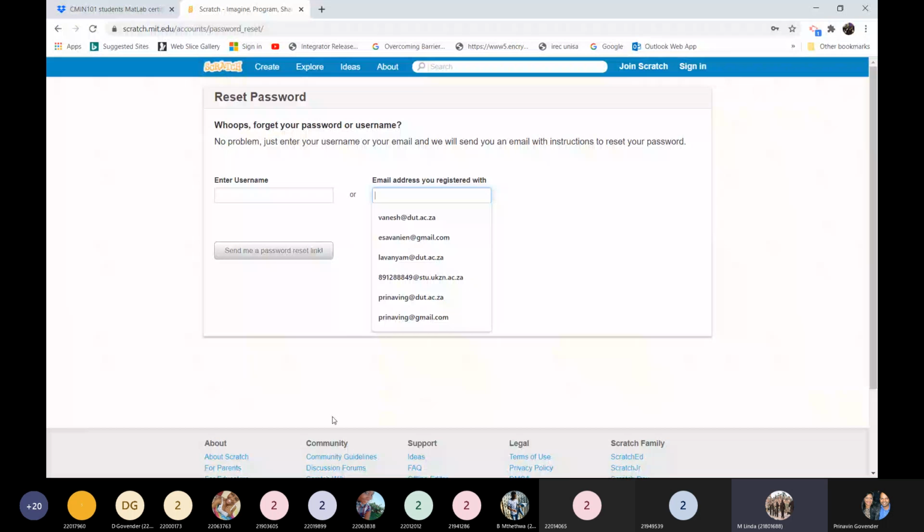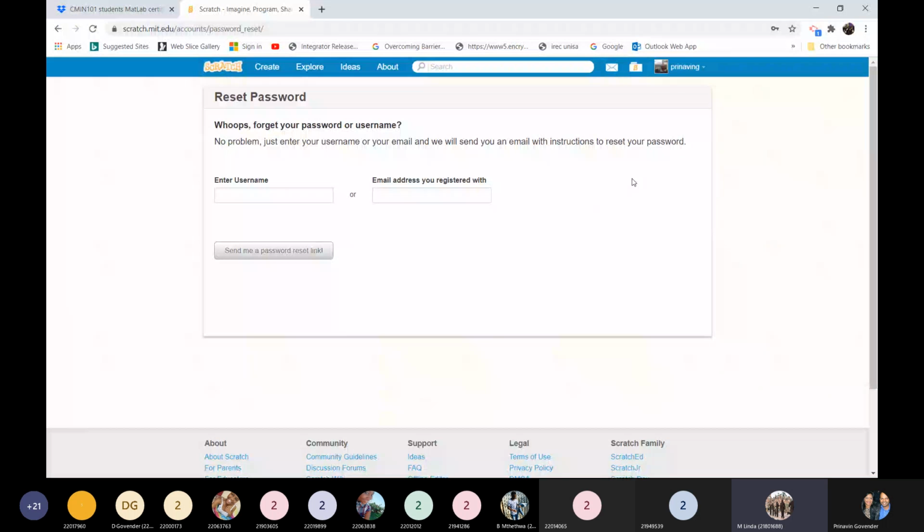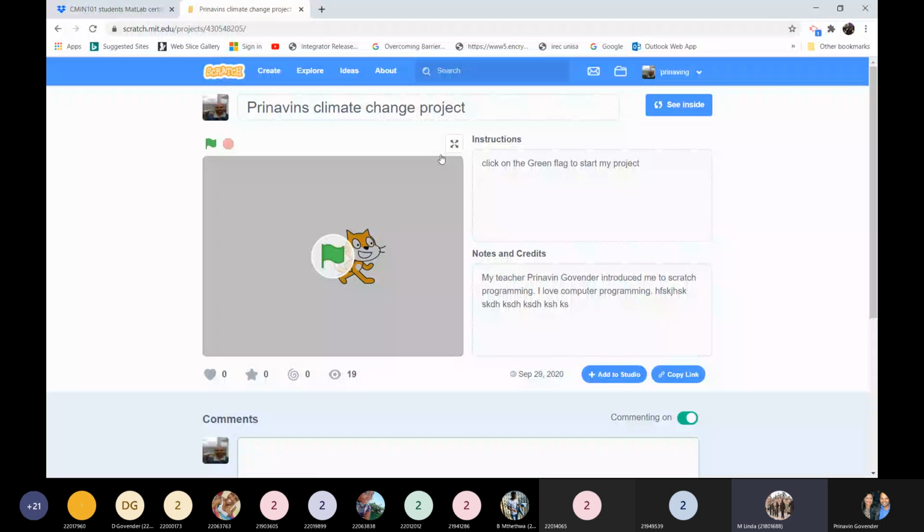I've seen how we're supposed to do it, but I don't understand how it is related to, I don't remember whether it's ecosystem, something like that. I don't know how it is actually related to ecosystem. That's my problem, actually, not Scratch. The thing is, I don't understand how we're going to make the cats as you displayed in the YouTube. So I don't understand how we are going to operate that cat. How are we going to use it?